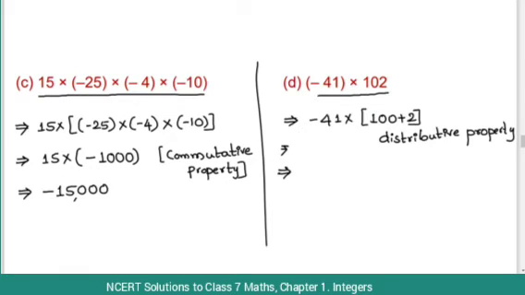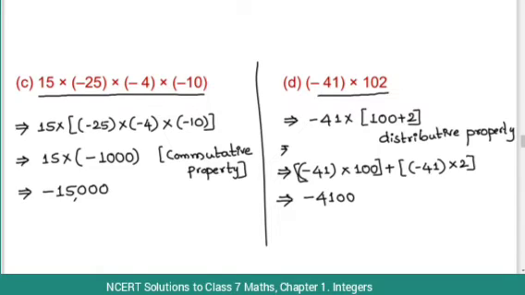So we will solve by using distributive property. It becomes minus 41 into 100 plus minus 41 into 2. So what distributive property says? A into B plus C is equal to A into B plus A into C. Likewise we have written. So 41 into 100 is minus 4100 plus minus 41 into 2 is minus 82.